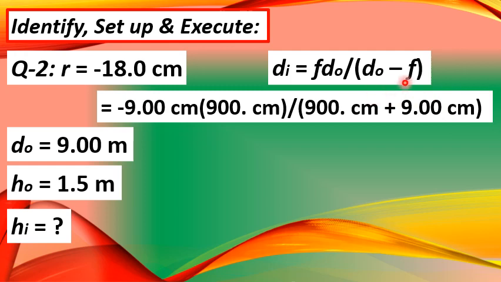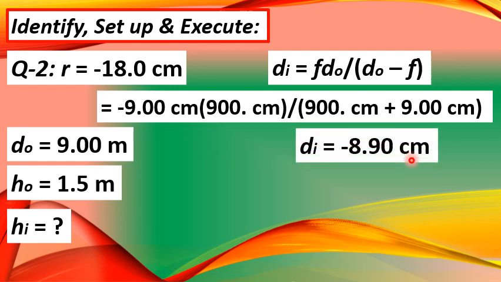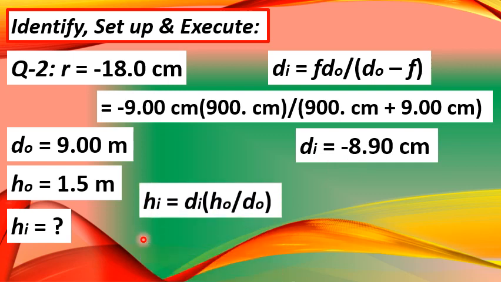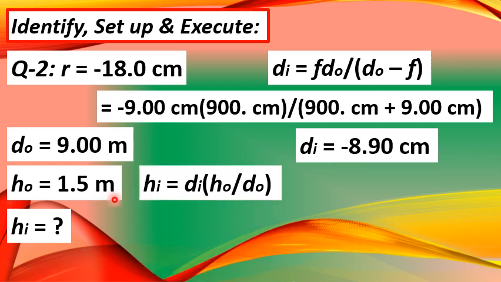So there's a double negative, so that becomes plus. Simplifying, we'll get the value of the image distance di equal to negative 8.90 centimeters.